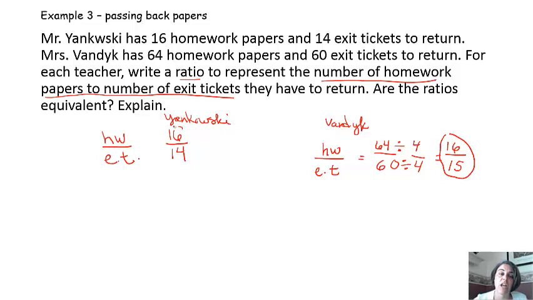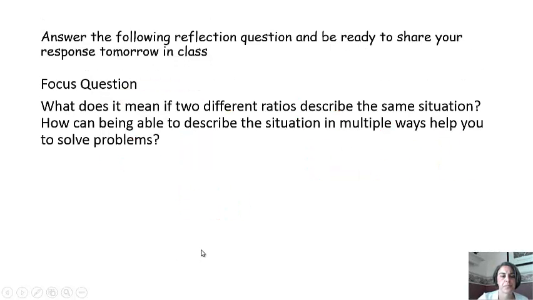These actually are not equivalent. 16 to 14 certainly does not equal 16 to 15. Those ratios are not equivalent because when I tried to simplify the 64 over 60, it simplified to 16 over 15, not 16 over 14. So those are not equivalent ratios.